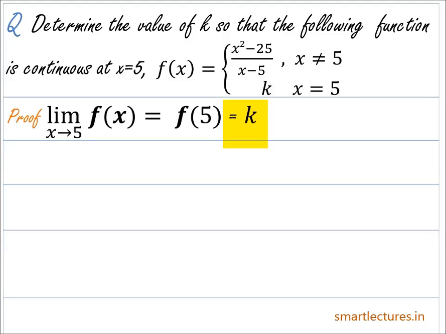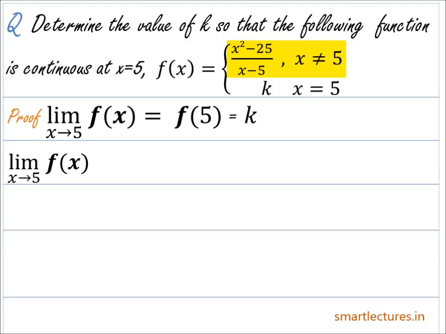Now let's calculate the limit of the given function f of x at the point x equal to 5. Limit x approaches 5, f of x is equal to, and now when x approaches 5, that means x is either slightly greater than 5 or slightly less than 5, but in any way it is not equal to 5.